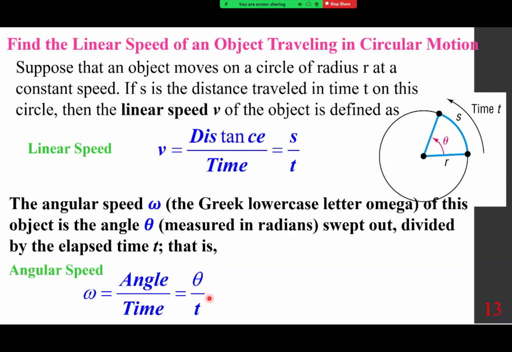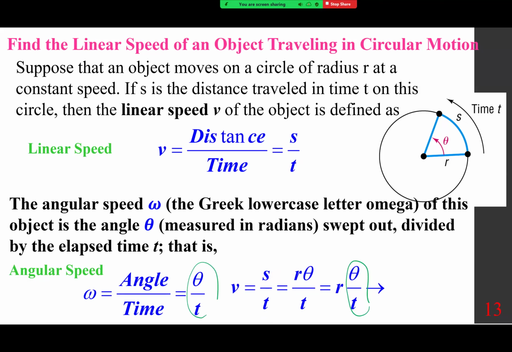So let's find a relationship between the two. We know s equals r theta. We replace the s with r theta. If we rewrite this in this manner, r times theta over t, this is omega.